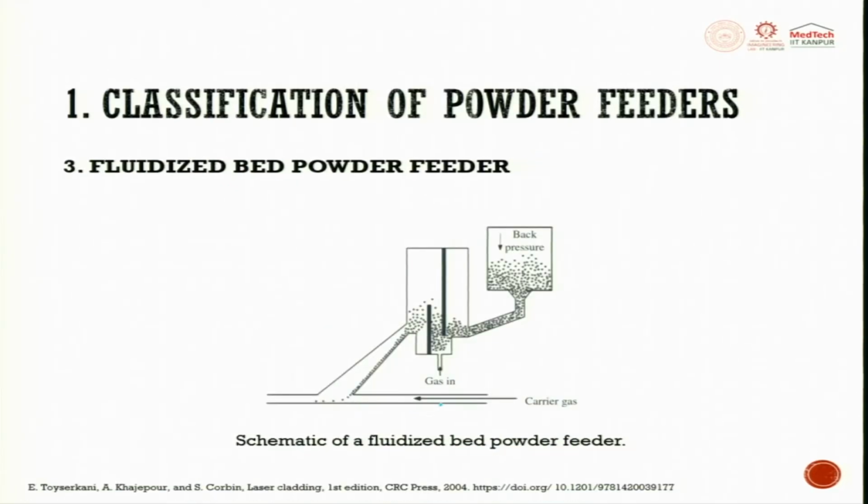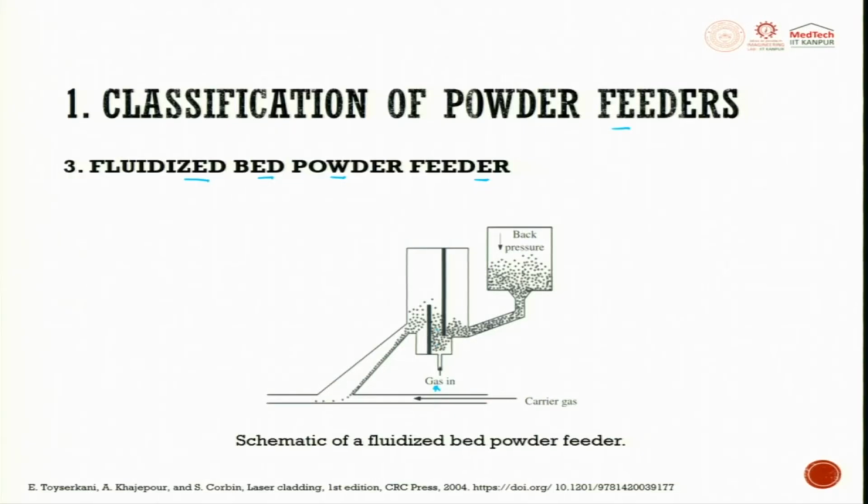The next classification of powder feeding system is going to be the fluidized bed powder feeder. Here, we will try to have a back pressure which is created, and then this passes through a hopper where there are two stoppers. The metal powder flows like this, and you will have a gas injecting point.